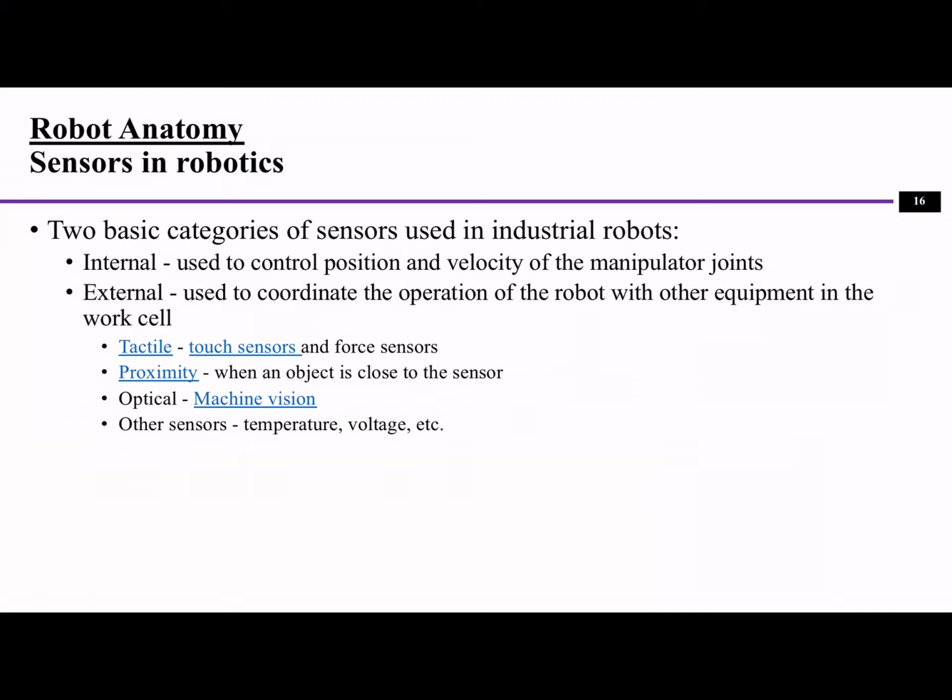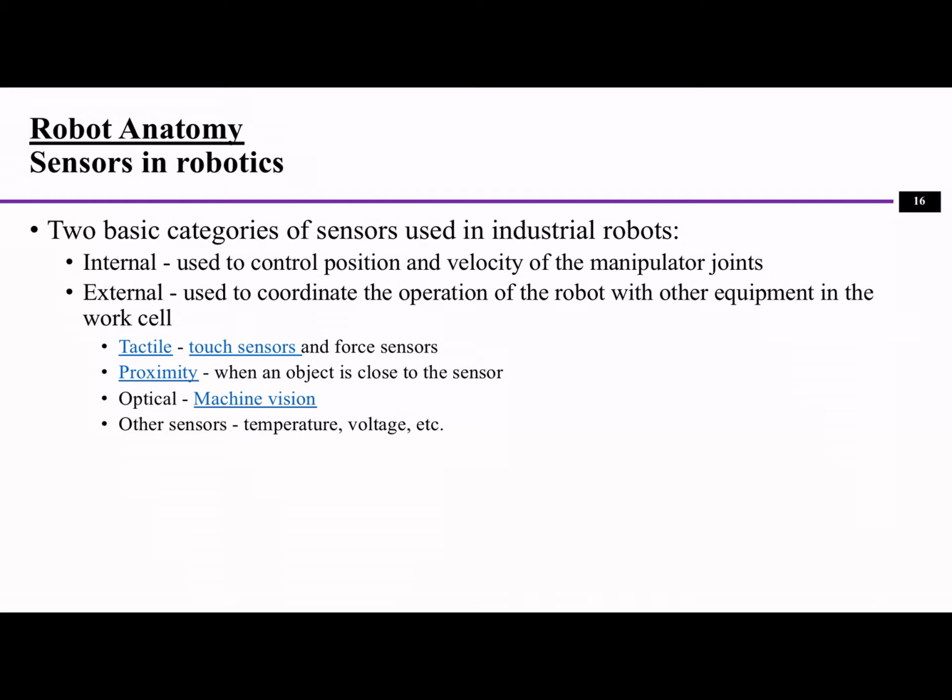And the sensors that are typically used in robotics, there are internal sensors and also external sensors. Internal sensors are used to control the position and also velocity of the manipulator joints. So basically how fast and where to move all those joints and the links.